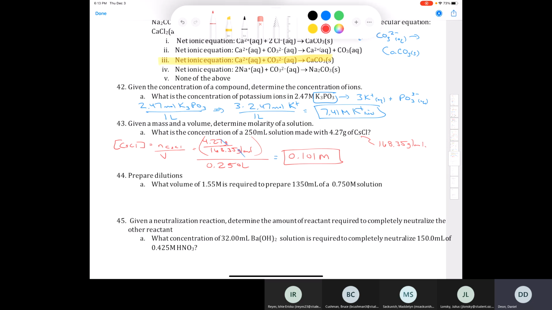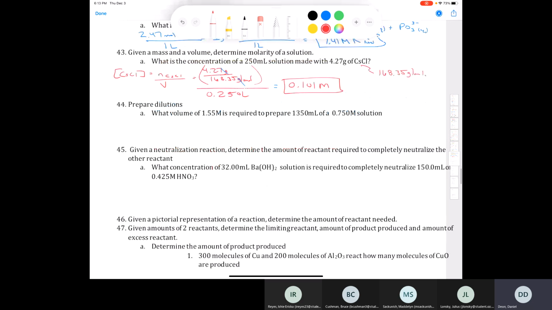Number 44, prepare dilutions. What volume of 1.55 molar is required to prepare 1,350 milliliters of a 0.750 molar solution? This is one of those great problems where you can use the formula M1V1 is equal to M2V2. We're doing nothing more than a dilution. We want to solve for the volume of 1. It's going to be equal to M2 times V2 divided by M1.